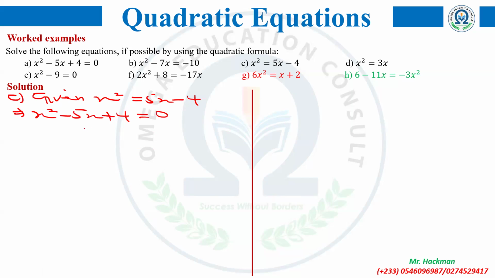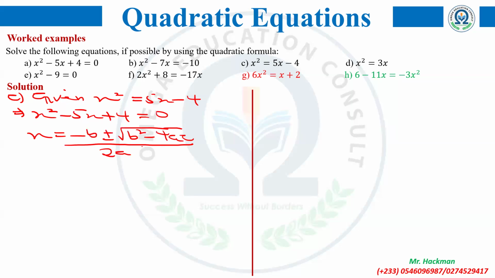So at this point, quote your formula. I can choose not to write "by the quadratic formula" and just quote the formula. So I'm going to write x is equal to minus b plus or minus root of b squared minus 4ac, all over 2a.